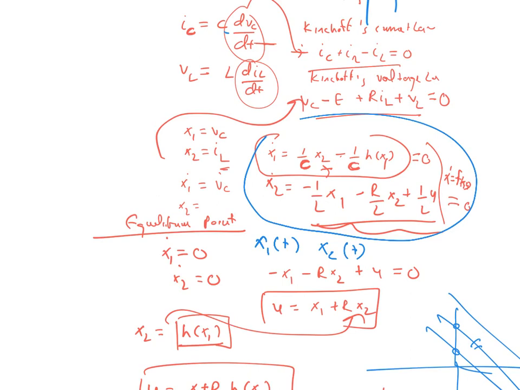Solving ODEs for a nonlinear system is hard. It's not like x of t equals e to the power At into x0, right? It's not a simple solution like this anymore. That was the advantage of linear systems, that you have a closed form solution of ODEs, doesn't matter what the size of the state is.